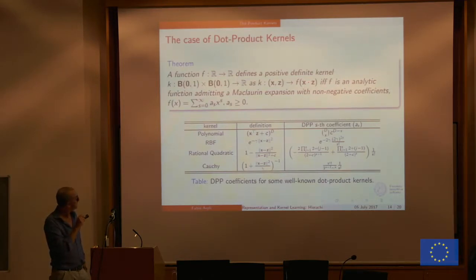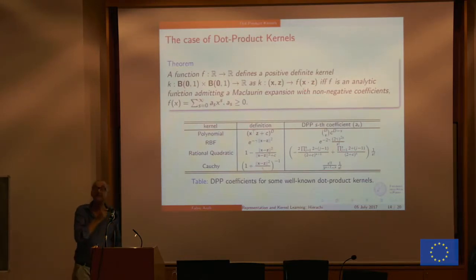For example, in the polynomial case, the kernel between x and z is equal to the dot product between x and z plus c, to the d. So this is a function of the dot product, which is why these are called dot product kernels.